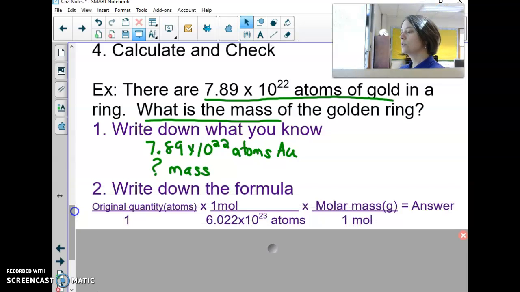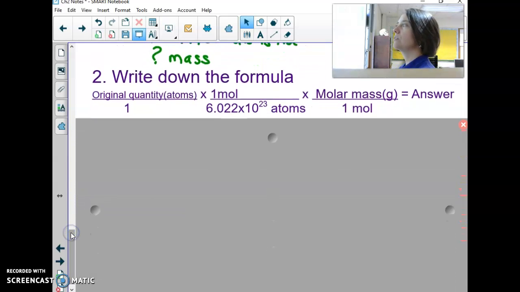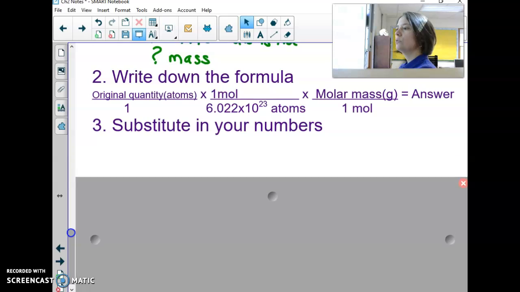And then the next thing we always do is we write down our formula. I will leave that up to you if you would like to rewrite the formula. But you do need to set up the equation and write it down in your notebook with us.